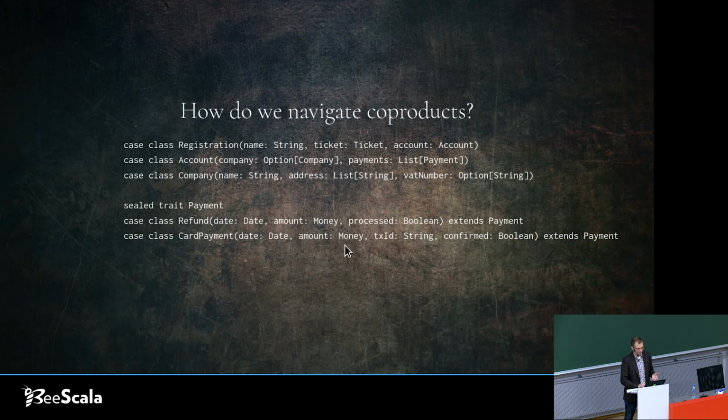And the information they contain is kind of similar, but for refunds, we have a flag which is whether it's processed or not. For card payment, we have a flag which determines whether it's confirmed. There could be all sorts of different things you could do here, but for simplicity, I'm keeping them similar but different. And then we still have a list of payments in our account.